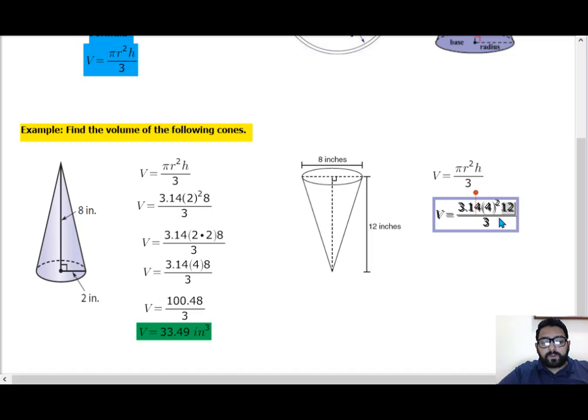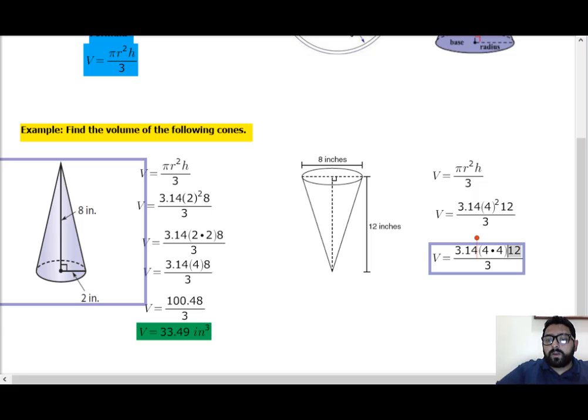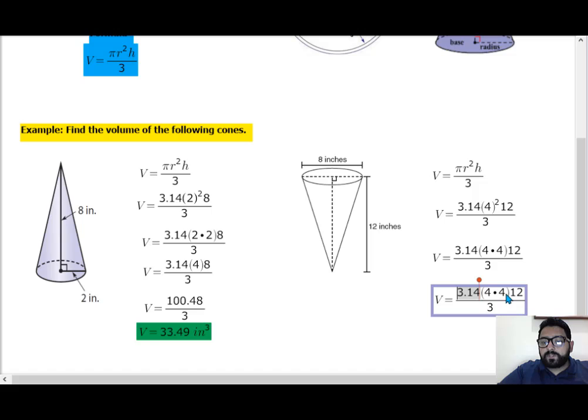Then what you have to do is multiply 4 to the second, which is 4 multiplied by 4. So we copy 4 multiplied by 4 here, and then we multiply 3.14 times 16 times 12. Remember, 4 times 4 is 16, and then we multiply by 12.